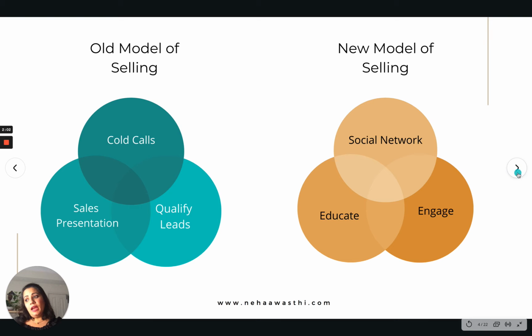What we do now, instead of giving a sales presentation to strangers, is educate these people. So we give value upfront. We educate about our product, our industry, ourselves, and we solve their problems. We solve their mini problems way ahead of time, even before they are interested or whether they would buy from us or not.